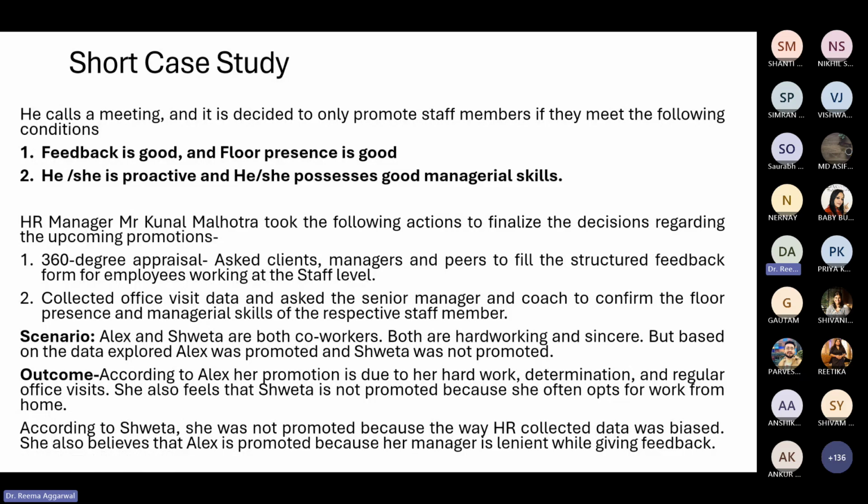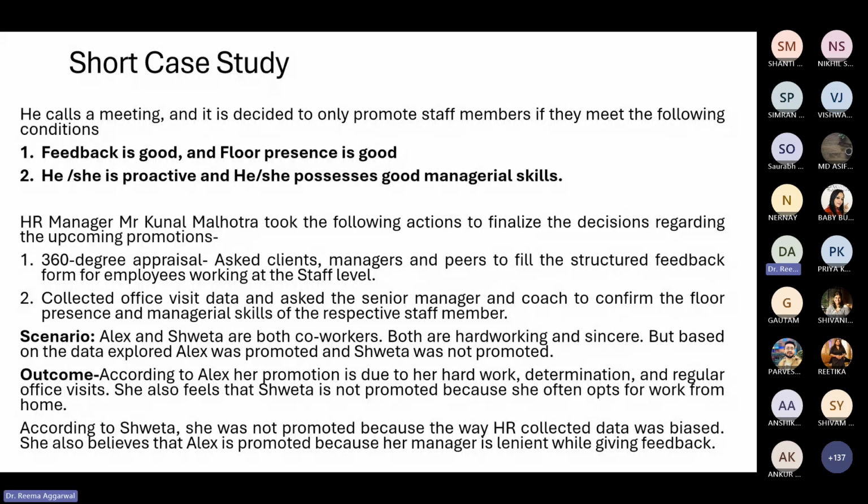A 360-degree appraisal means manager, peers, clients, all give feedback. He took the feedback, and after that, looking at the data, he asked the senior manager whether the particular employee should be promoted, whether he possesses managerial skills or not. He compiled this data and declared the result.